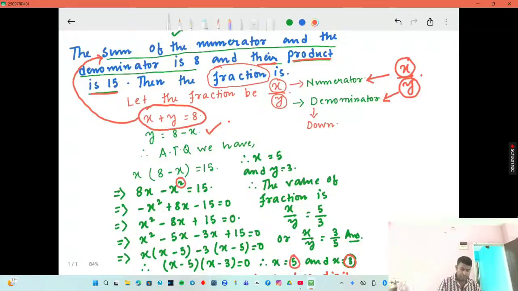So we know that the value of y is 8 minus x.